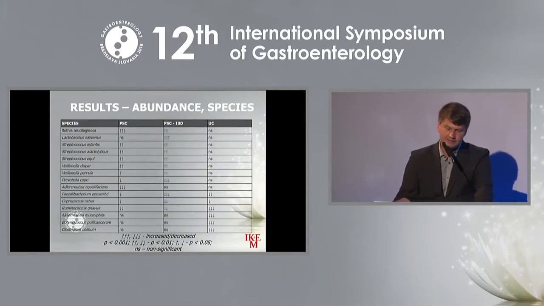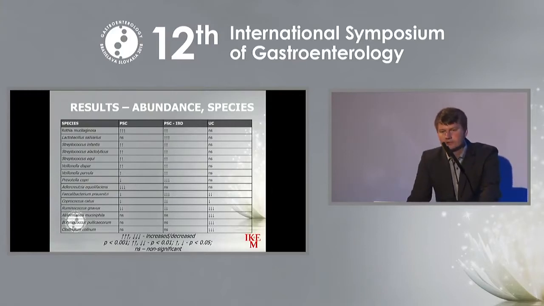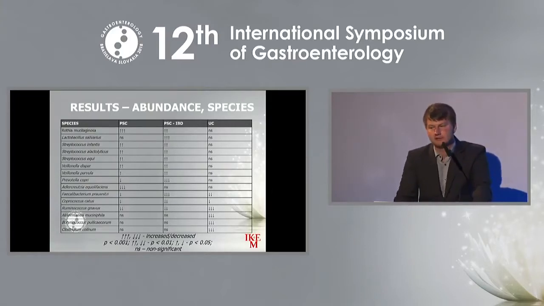I cannot discuss all the bacteria that we found more or less abundant in each diagnosis, but just what seemed interesting to us: for example, Faecalibacterium prausnitzii, which was proposed to be a really potent probiotic, was significantly decreased not only in ulcerative colitis patients as described in previous studies, but in the PSC cohort as well.